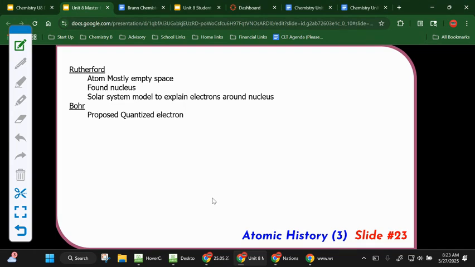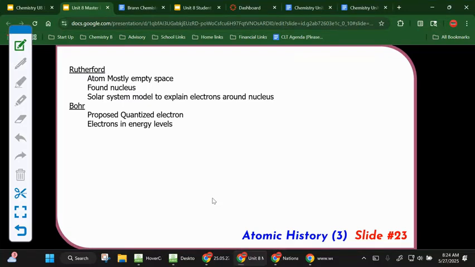That wasn't until a man named Niels Bohr came along. And he proposed what is called the quantized electron. He said that electrons have a certain amount of energy depending on where they are around the nucleus of an atom. Guess what? He was right. He said the electrons are in energy levels. They are not in orbits. Orbits mean you could predict where they will be.